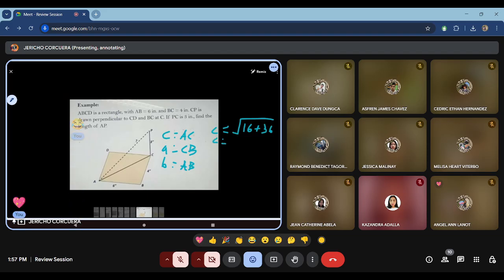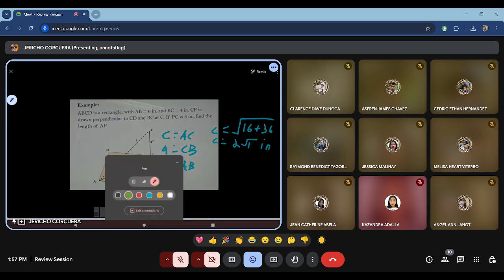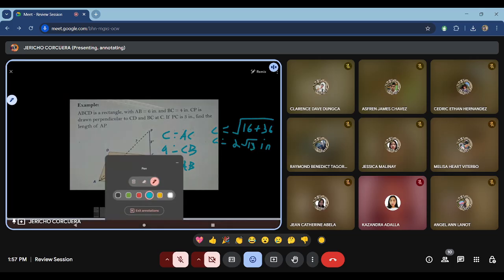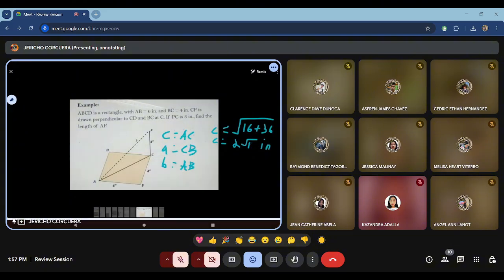So, the answer here, that is 2 square root of 13 inches. Gulo ng sulat ko. Man, I cannot write 13 properly. Ayan. 2 square root of 13 inches is the value of C, or the value of AC, rather.